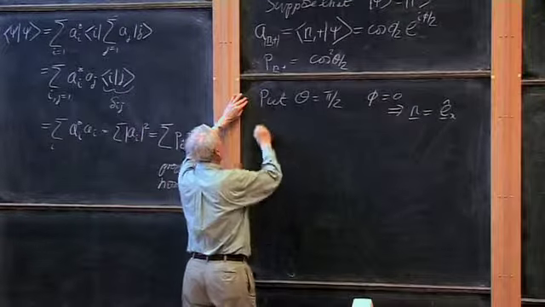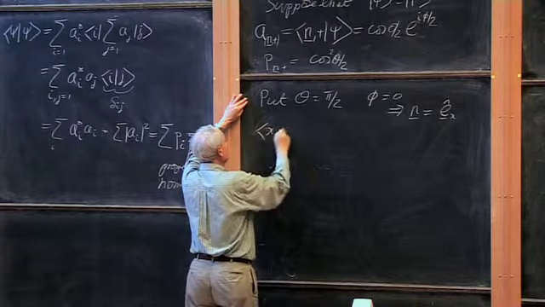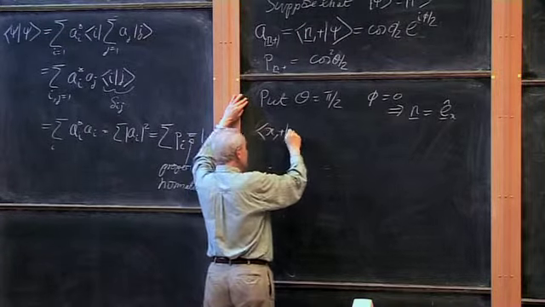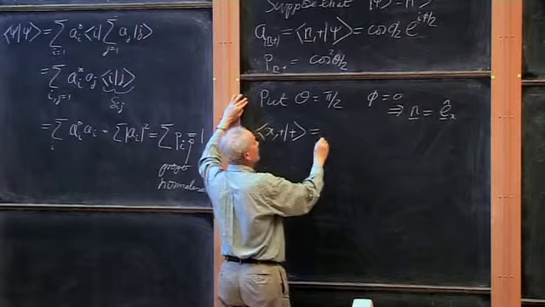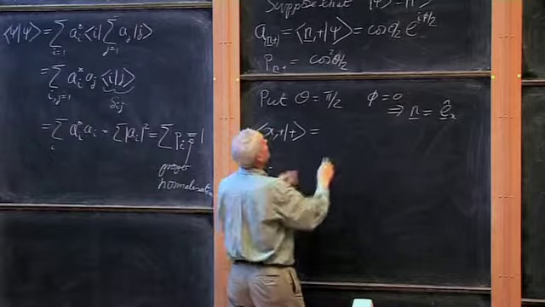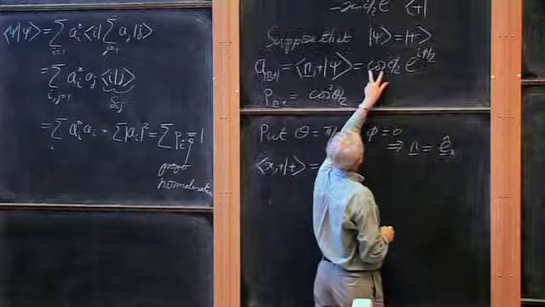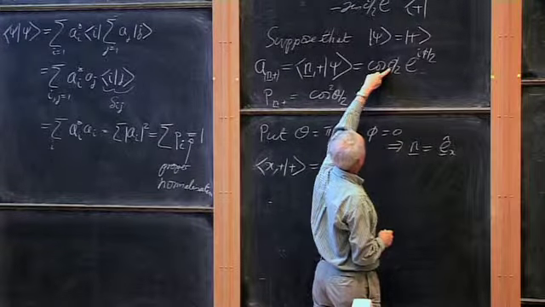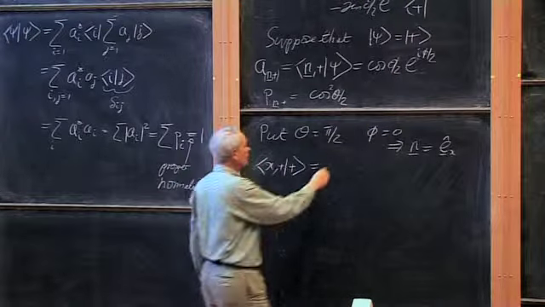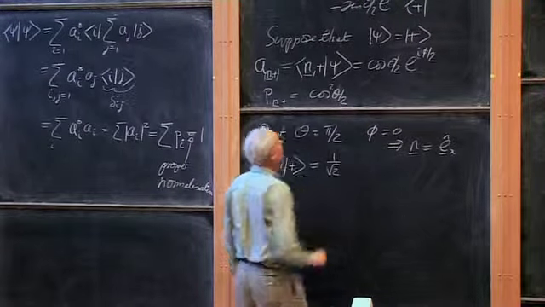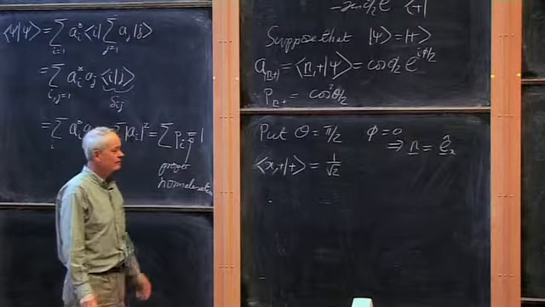That gives me that the probability for being plus on x, given that I'm plus on z, is, that's not the probability, the amplitude. Then I'm looking at cos pi upon 2 upon 2. So cos pi upon 4, which is 1 over root 2. And I have an e to the i nothing, e to the nothing, so that's just that, right?